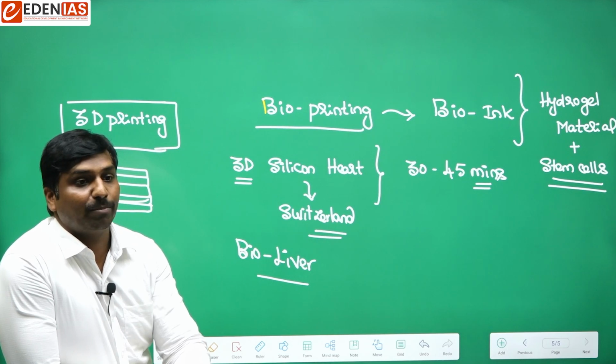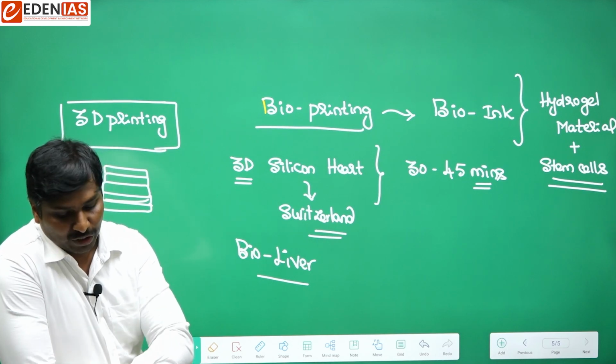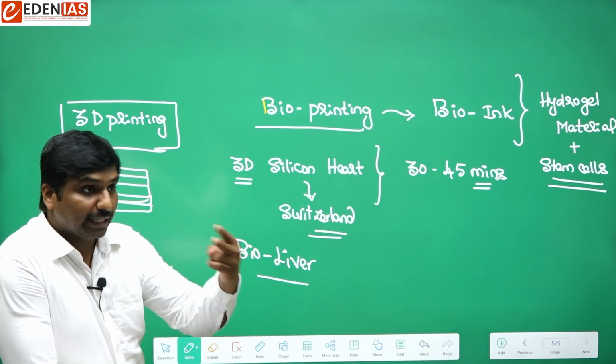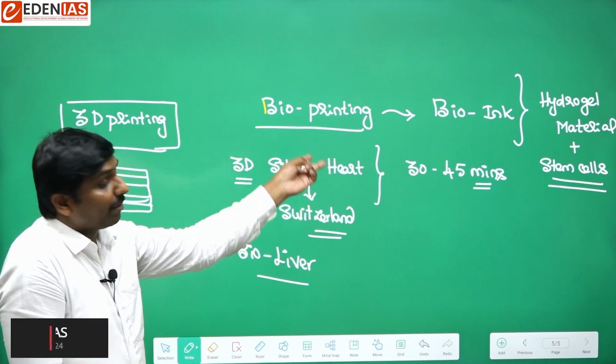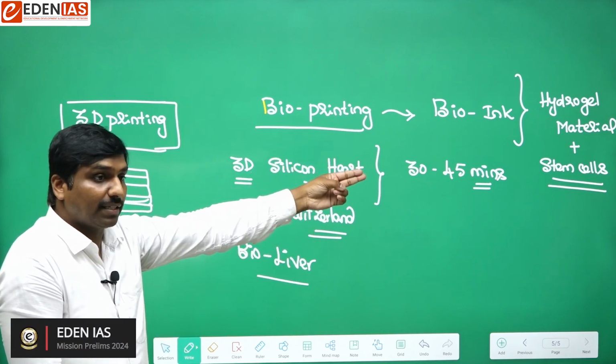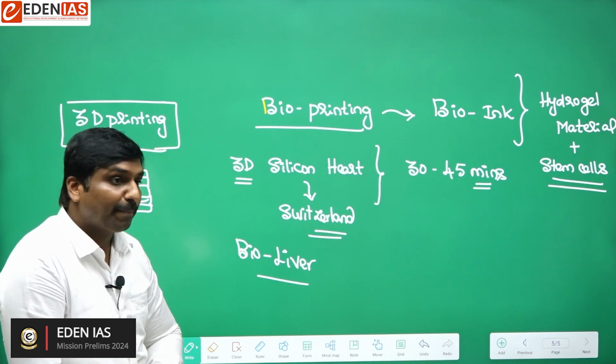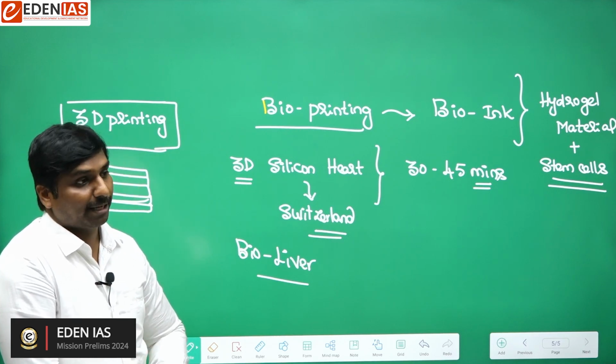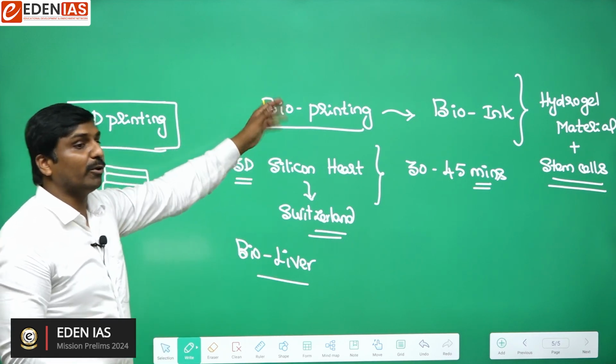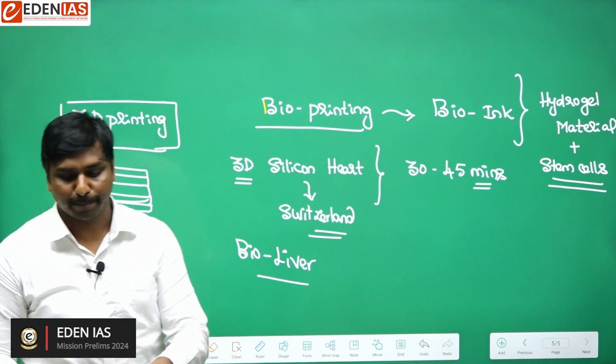You just remember that bio-ink is the printing material, made up of hydrogel-like material which consists of stem cells, which is used for the production of artificial organs by the bioprinting method.